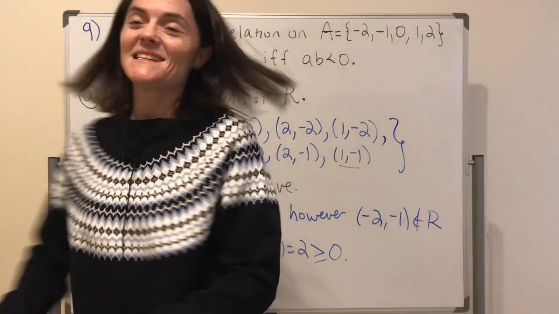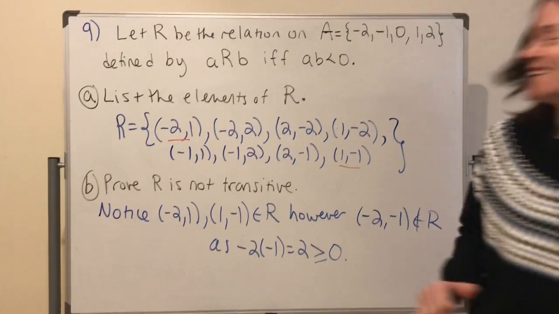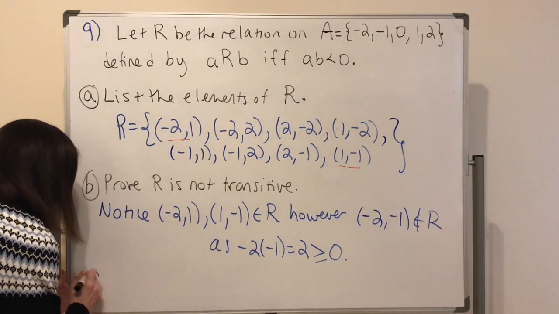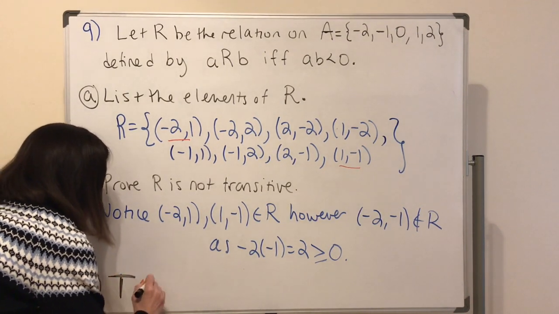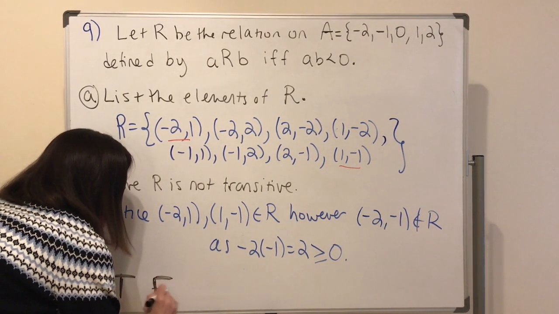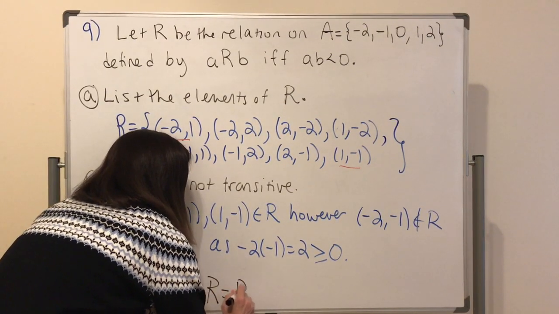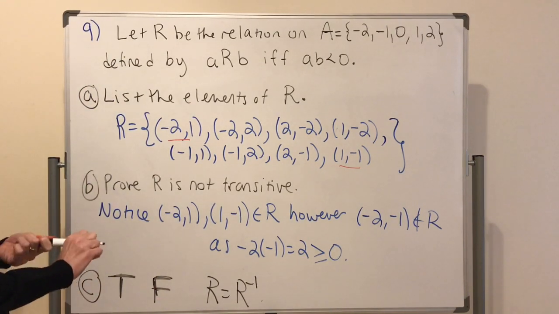It's not the end. There was one more part, which is C. We need to decide true or false. That's a good thing I checked the problems I'm doing. R equals R inverse. Well, I actually already discussed this, right?